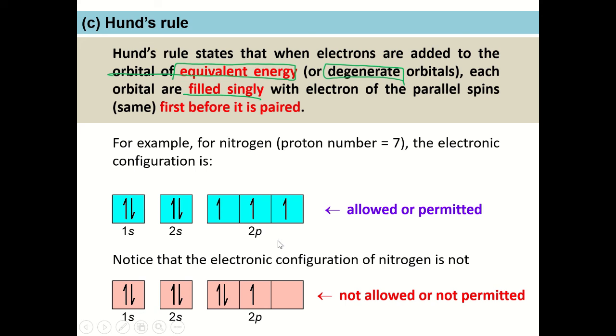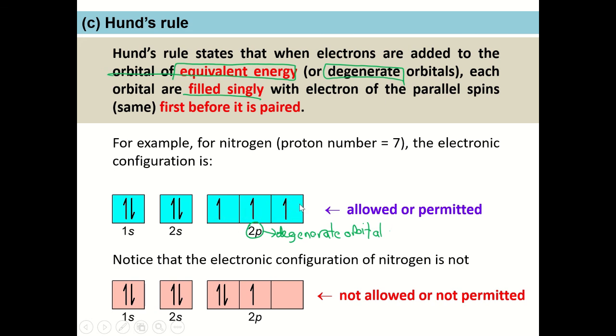So 2p orbitals are an example of degenerate orbitals, because the 2p subshell contains three orbitals of the same energy. So when we fill in the degenerate orbitals, please make sure you fill the three electrons singly first, in the same spin, for example upward spin.